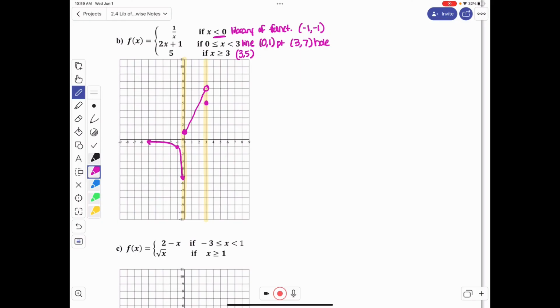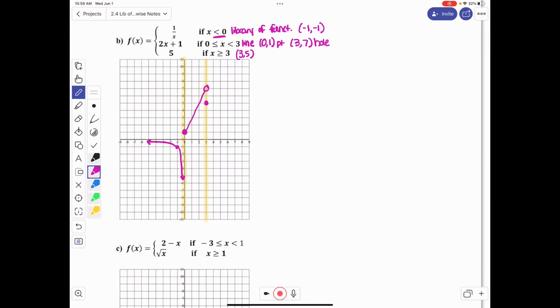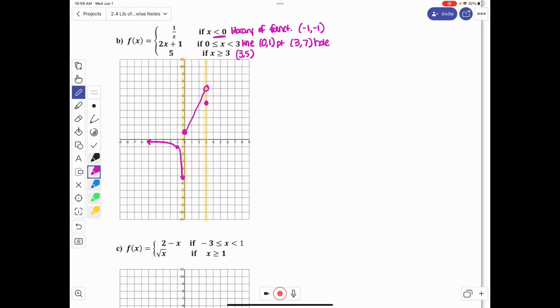If you do 2x plus 1 equals 0, 2x equals -1, and if we divide by 2, we get x equals -1/2. Well, look at what the x values can be. x has to be between 0 and 3. x can't be -1/2 because it doesn't follow the rule. It says x has to be between 0 and 3. So this doesn't work.